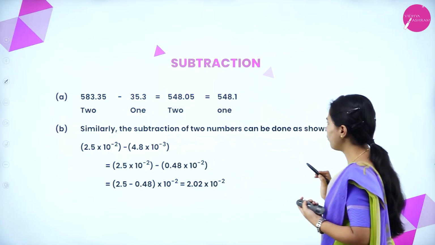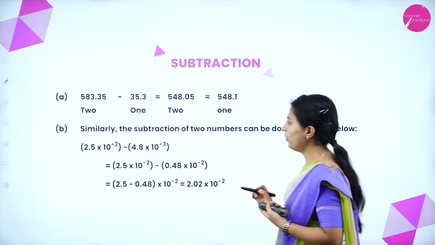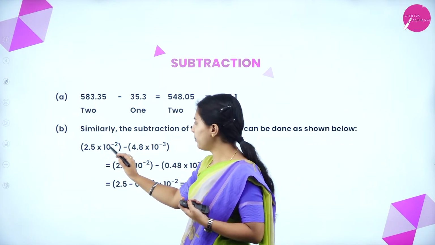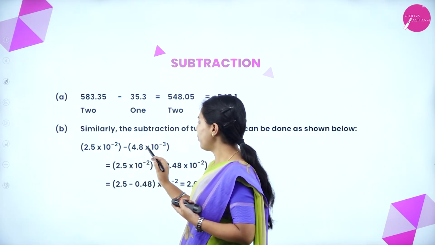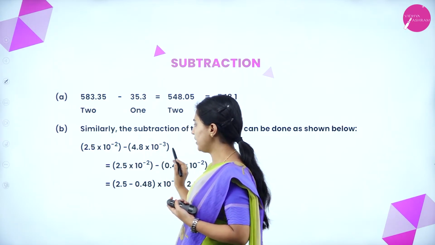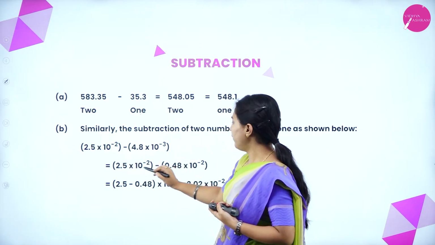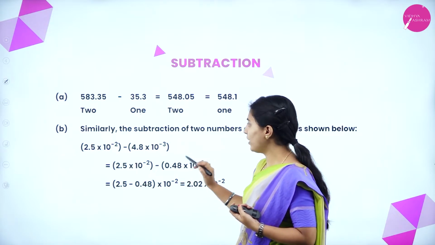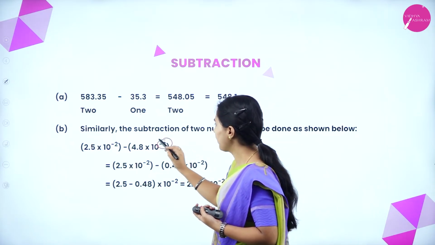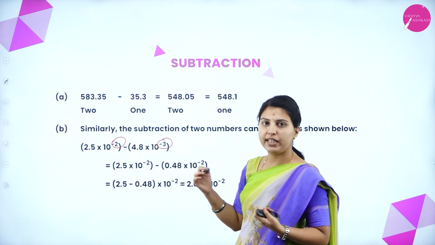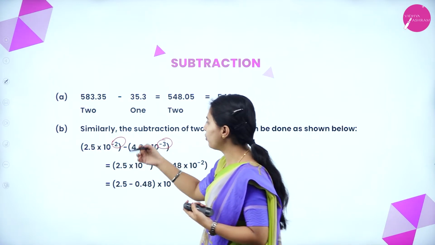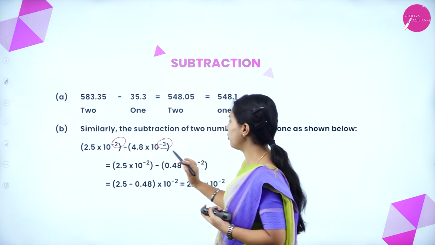Similarly, the subtraction of two numbers can be done as shown below. 2.5 into 10 to the power of minus 2 minus 4.8 into 10 to the power of minus 3. What will they do? 2.5, 0.48. What they are doing means they are equalizing this term. Either it should be turned to minus 3 or it should be turned to minus 2.